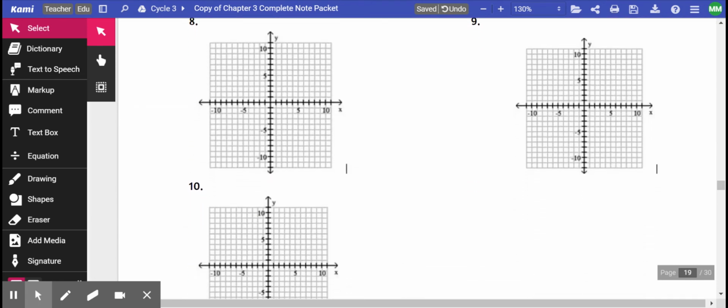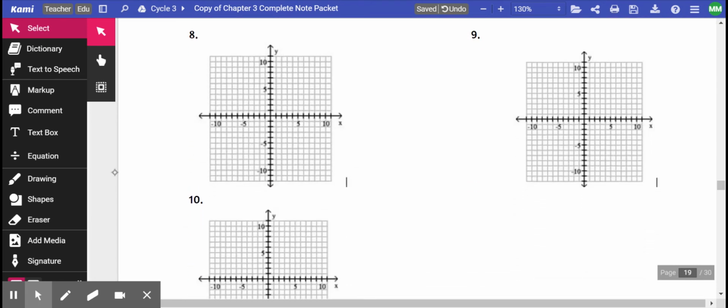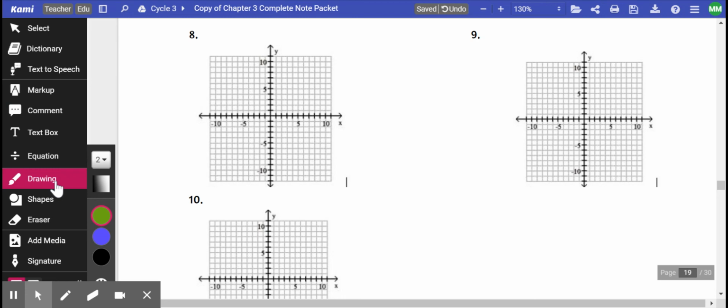For number 8, let's go ahead and do x plus 3. Oops, we'll just make it x plus 9. That's fine.